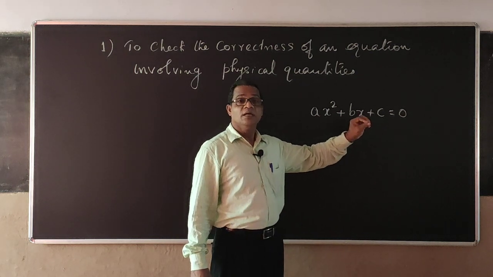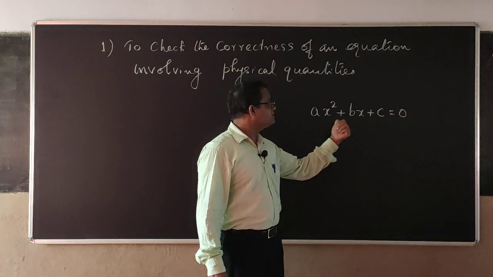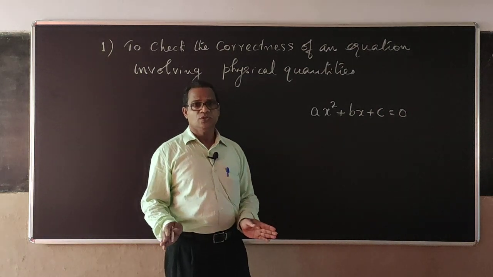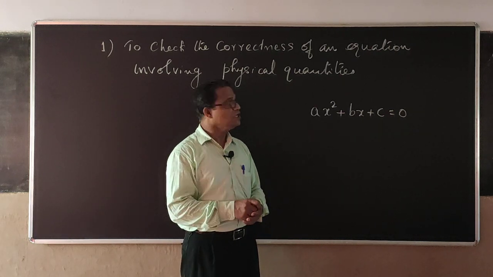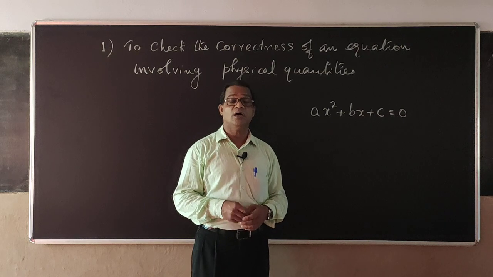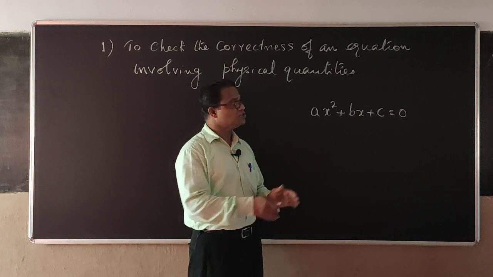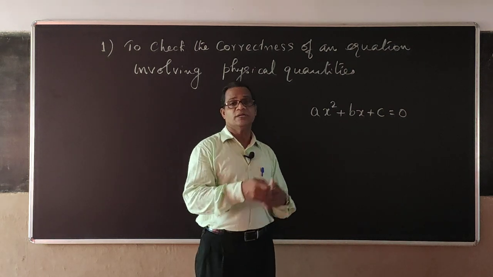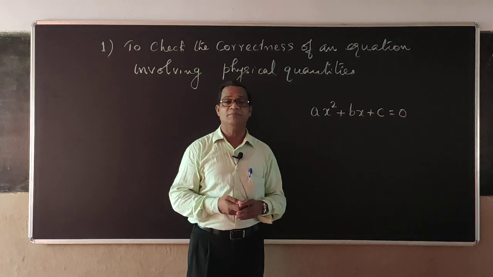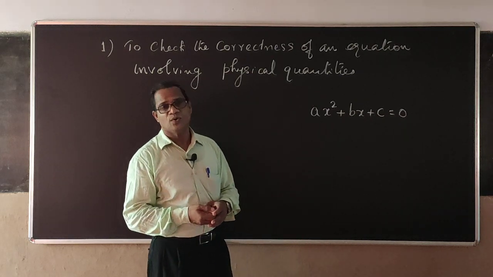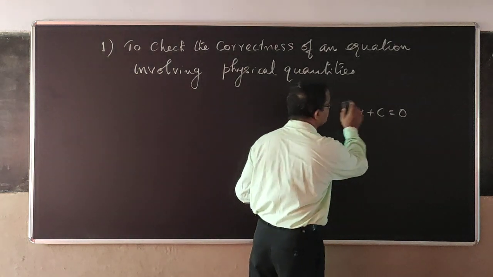We say this quadratic contains 3 constants and x is a variable. So what these things are, we don't know. In such equations, we are not able to apply our dimensional formula and all. So we must be knowing the quantity, then only you can give the expressions relating to dimensional formula. Okay? So, physical quantities is a must.